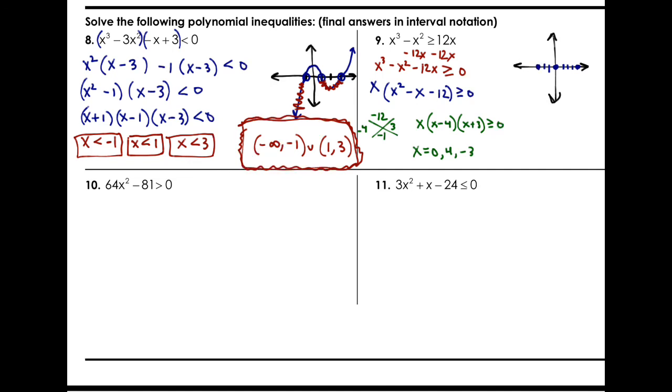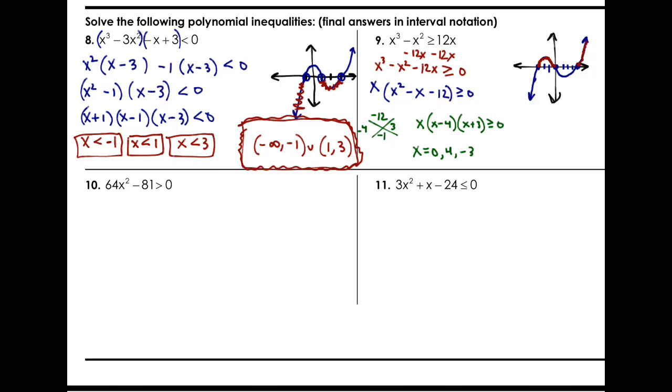Odd function, so we know left side down, right side up, with 3 pathways. So up, down, up. We're going to shade above because this is saying greater than. So shade above. Let's go red. Remember, or equal to means on the line as well, so the points that are zeros.